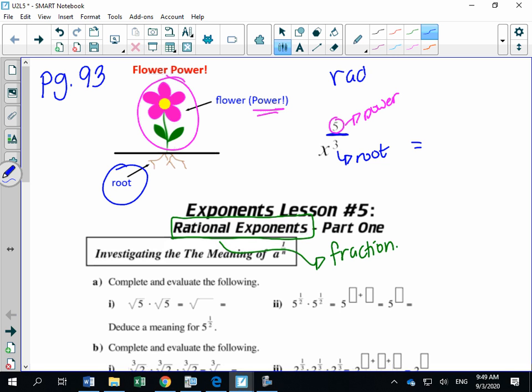And a radical, remember, is a square root sign. So if you get a fractional exponent, you say, okay, I need to rewrite this as a radical. So draw your radical sign, and whatever your variable or your number is, that goes underneath your radical sign. The power is 5.